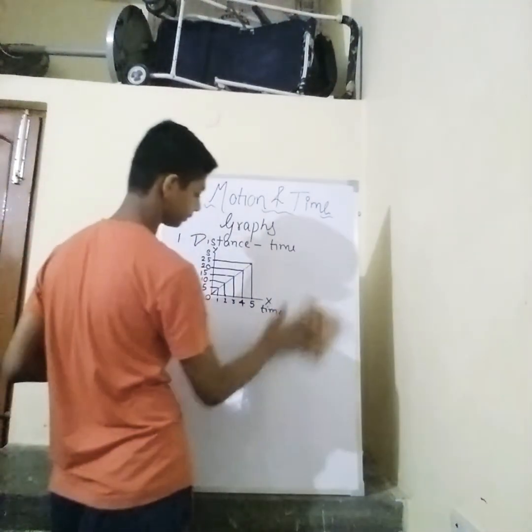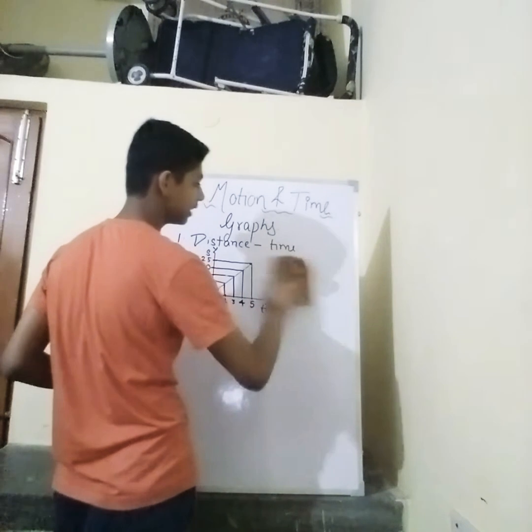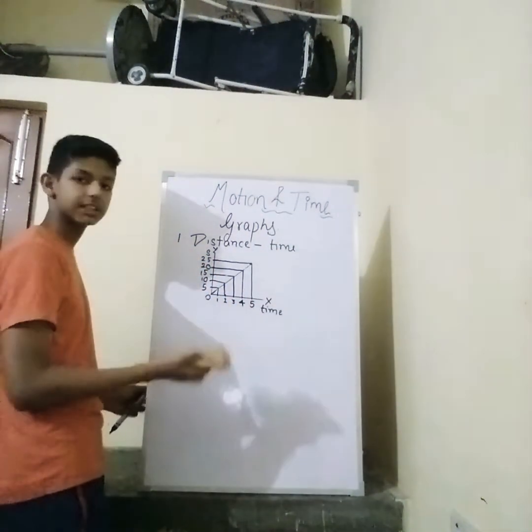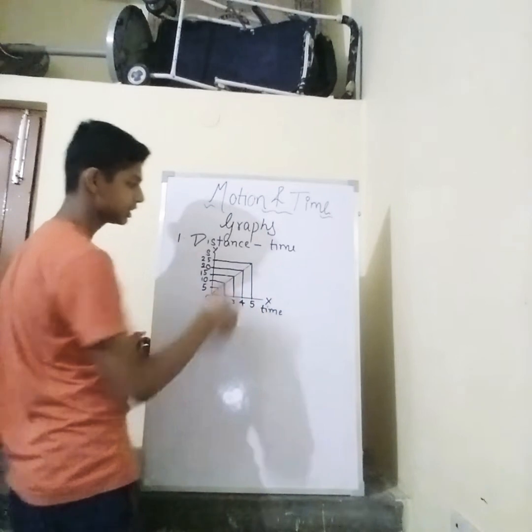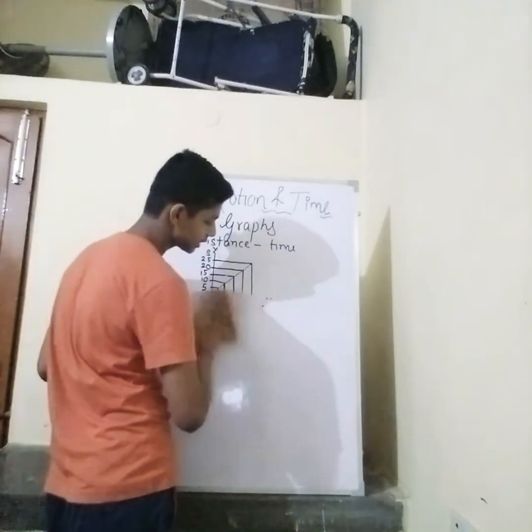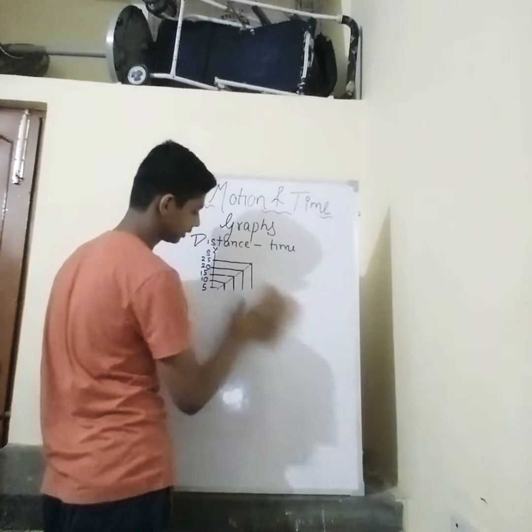Now we have learned calculating speed from the distance time graph, and we know what a distance time graph is. This was for uniform speed.